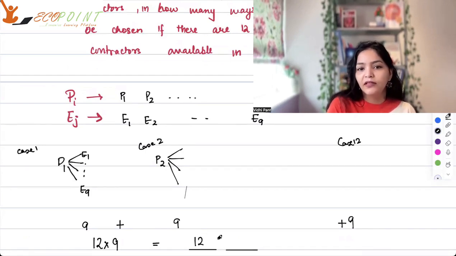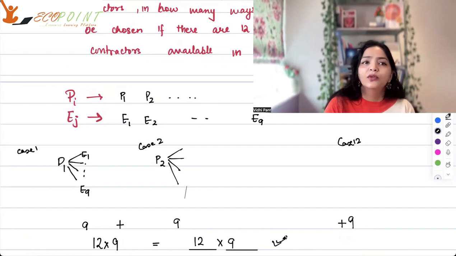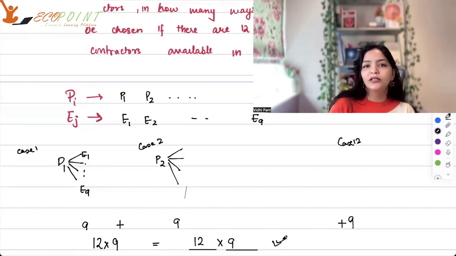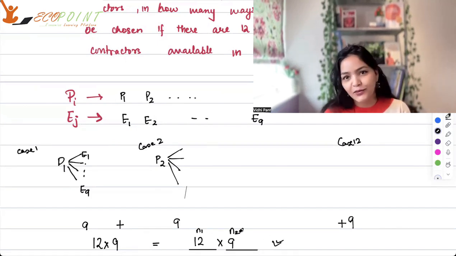So 12 into 9. तो ये प्रोडक्ट रूल कह लो या मल्टीप्लिकेशन रूल कह लो, ये सिंपल यही चीज है और कुछ नहीं है. आप केसेस को ऐड कर रहे हो, क्योंकि हर केस से आपको उतने ही ऑप्शंस मिल रहे हैं, so therefore you can say the total number is just n1 into n2 and this is what it is. आपका यहां पर n1 12 है और n2 9 है and you have your answer.